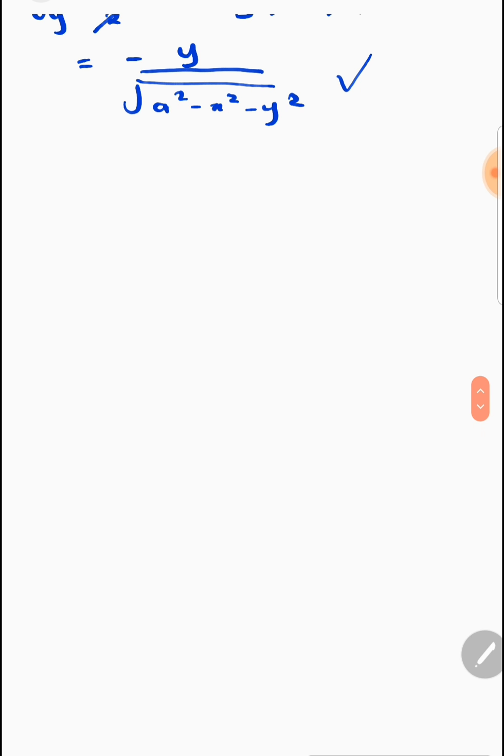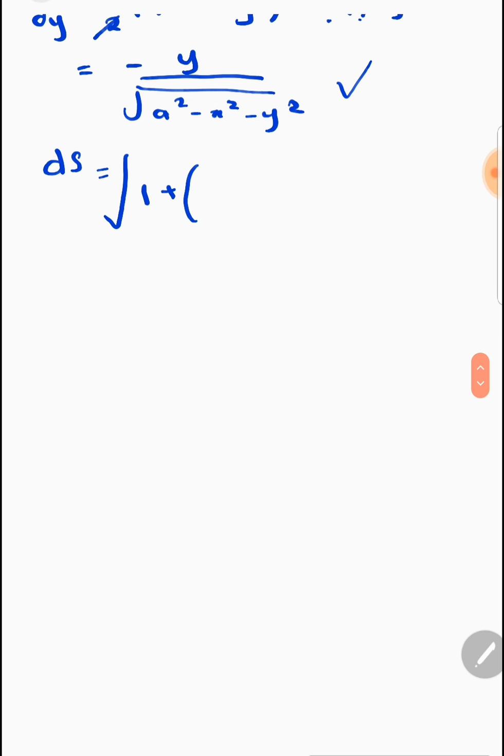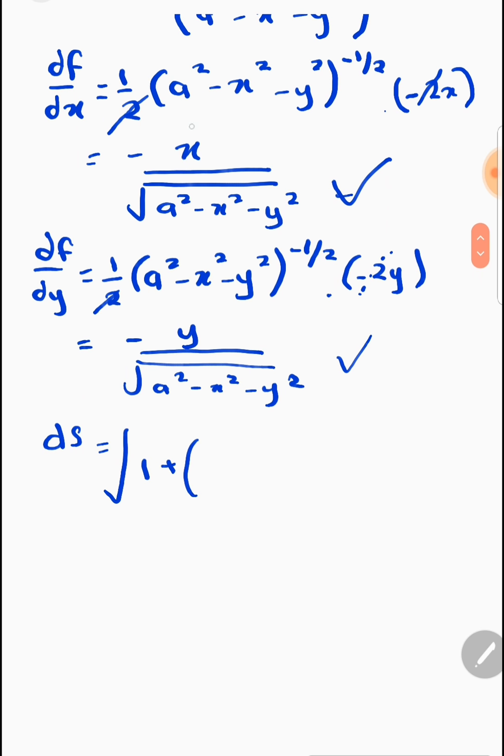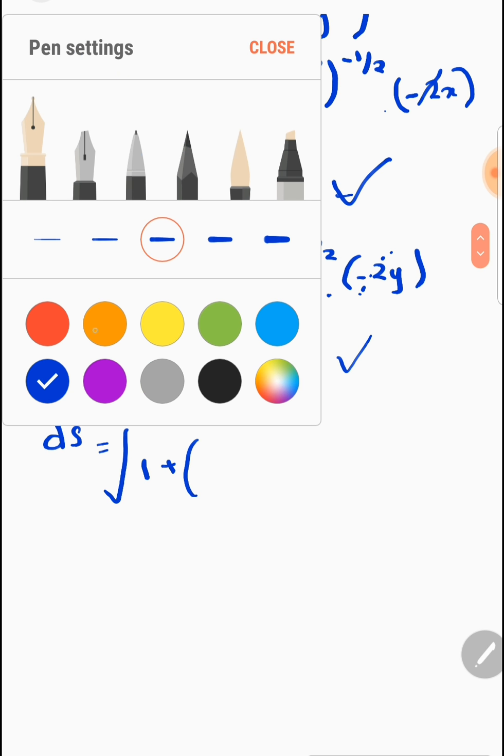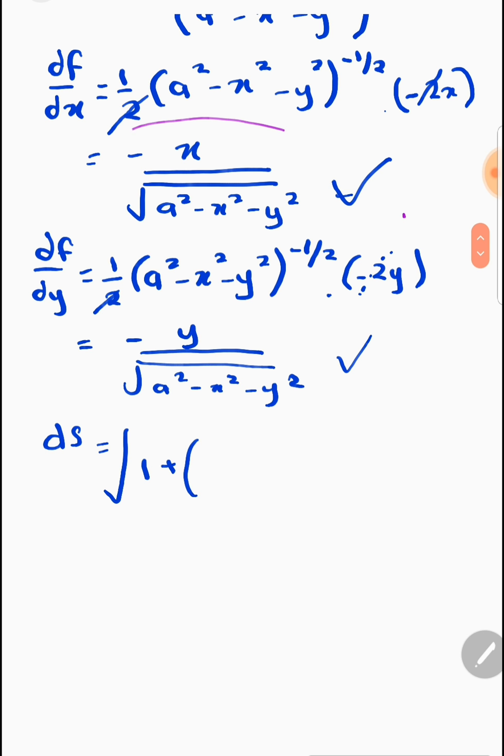Alright, so ds earlier would actually be just the square root of 1 plus df over dx square plus df over dy square, right? So remember, when I take my df over dx and I square this up, this gives me x square over a square minus x square minus y square, correct?